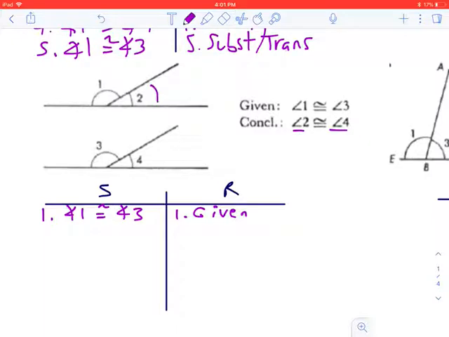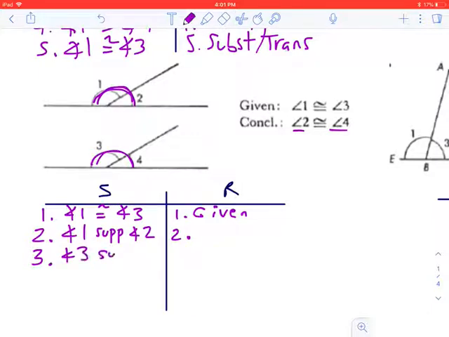I have no idea that these are congruent, but what I do know is 1 and 3 are congruent, and I also know something else about 1 and 3. Well, look at the picture. 1 and 2 are supplementary. Angle 1 is supplementary to angle 2, and also for 3, I know that 3 and 4 are also supplementary. So angle 3 is supplementary to angle 4.